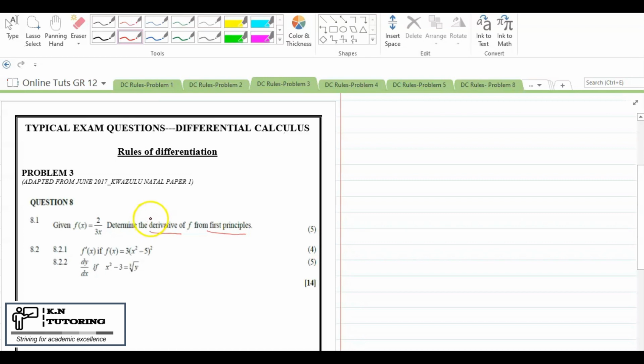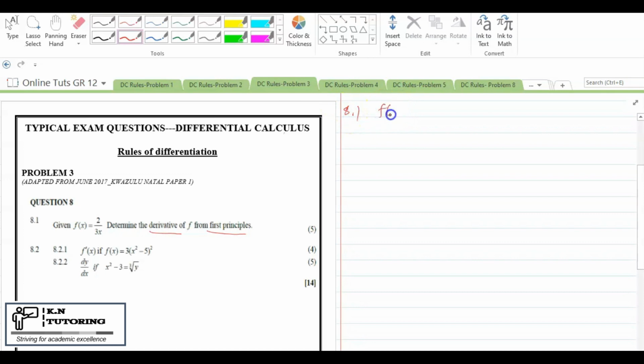We will apply rules of differentiation and the principles of calculus to solve cubic graphs. And later, towards the end of this chapter, we will look at what we call application of calculus. Okay, now let's start with 8.1 for this problem.